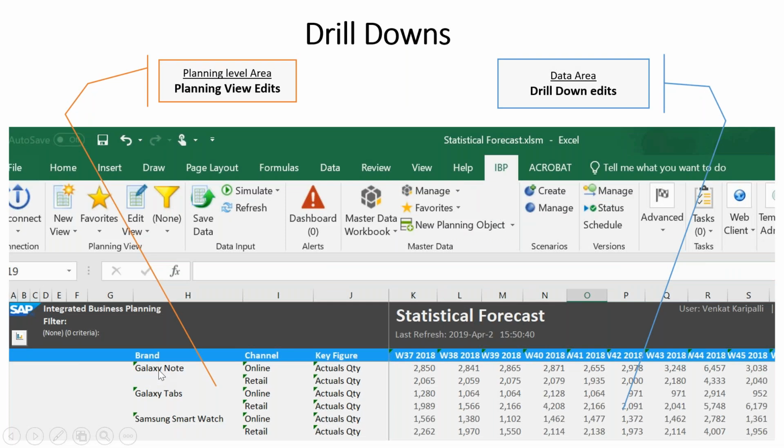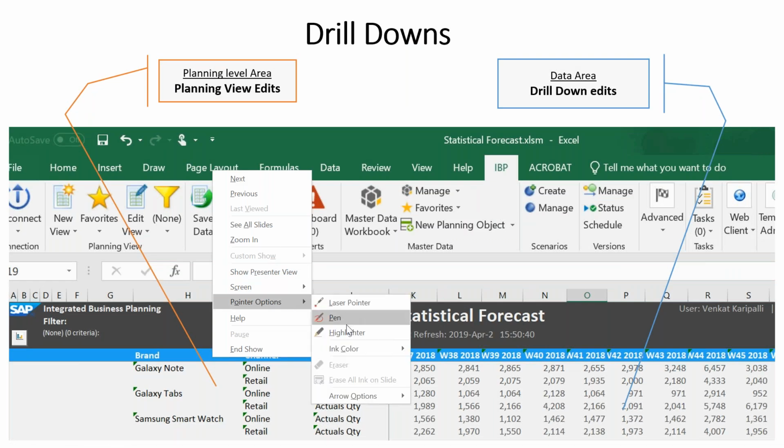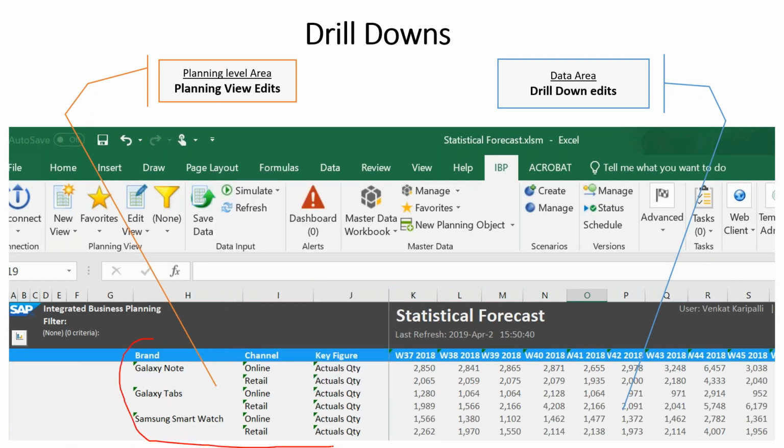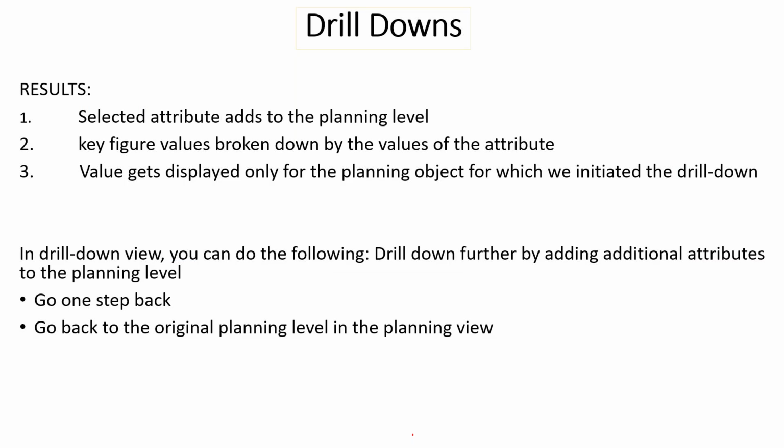If you click on this section, you can edit your planning view dimensions, like product ID or customer ID, customer group, channel, etc. And here you can actually drill down on the planning data. So let's see how we'll do the drill down on the planning data here.